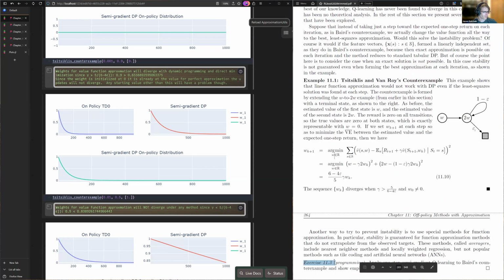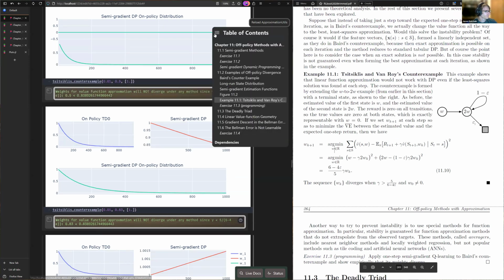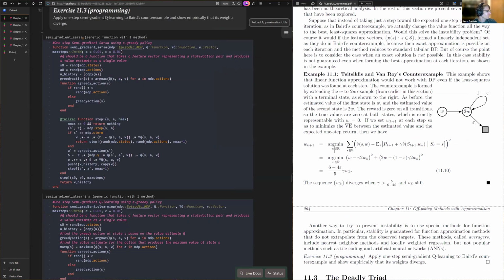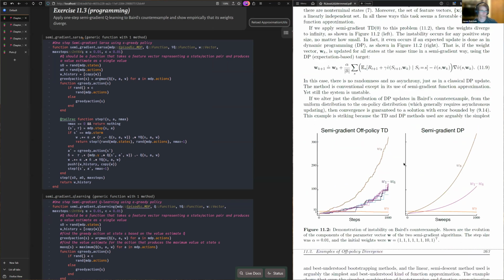I guess this exercise is just asking to go back to this counterexample here where we saw these weights diverge and show that the divergence happens with semi-gradient Q learning.